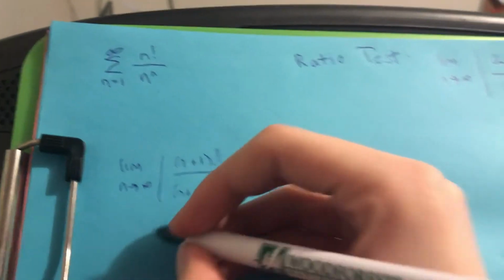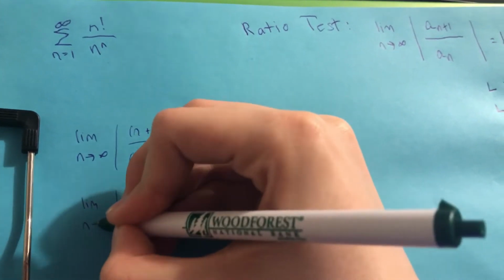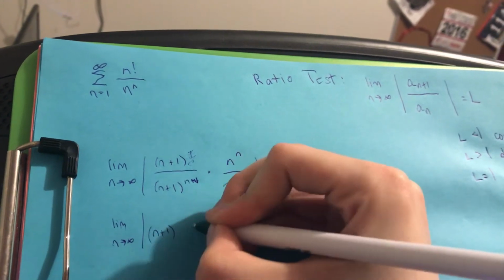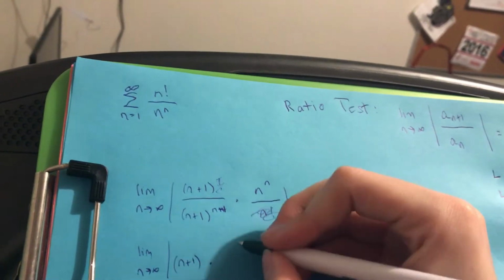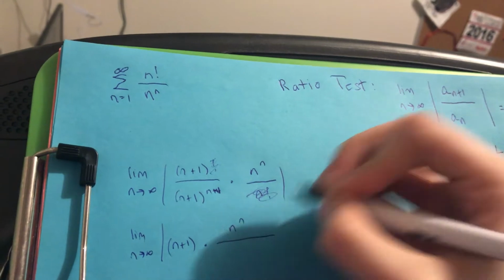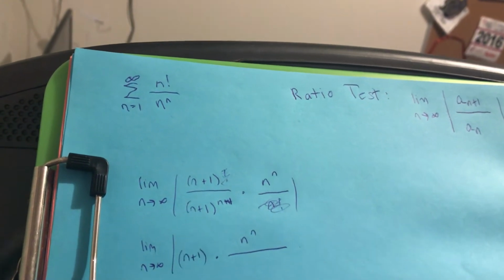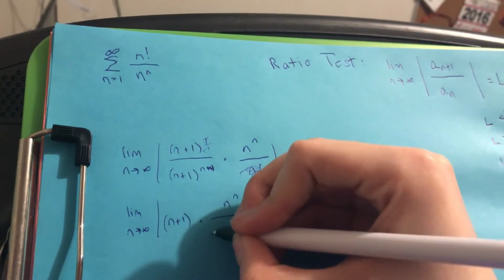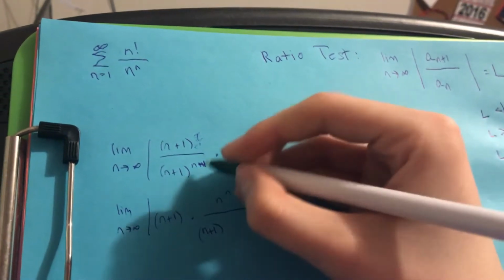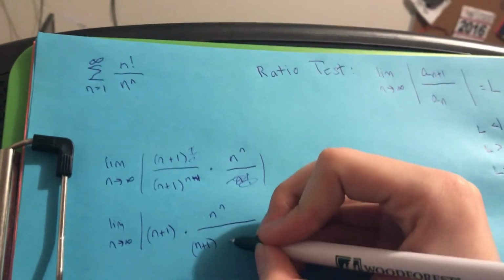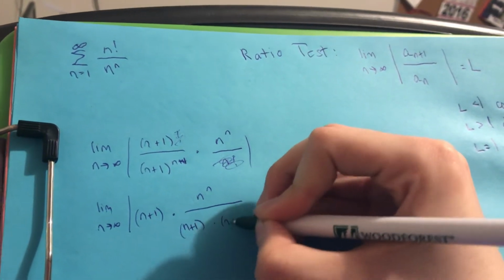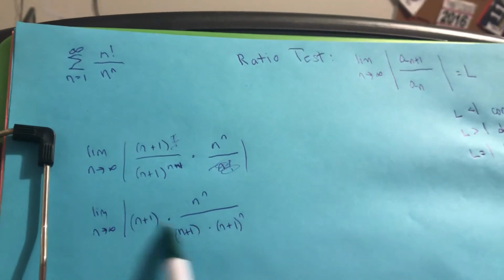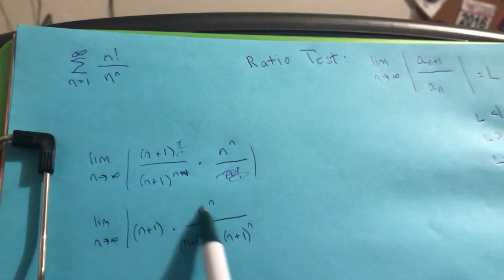So these cancel, and you're left with an n plus 1 outside, and now we have an n to the n over. We can effectively take one of those out, and then we'll have an n plus 1 to the 1 power. We took out the 1, multiplied by n plus 1 to the n.